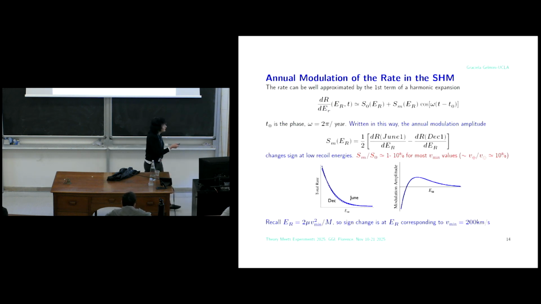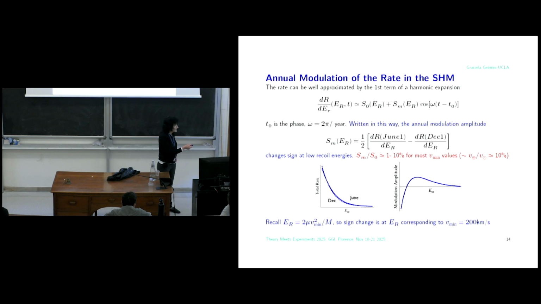Now, the annual modulation amplitude leads to also, well, you can make a harmonic expansion, and the first would be the one with a year period, which is the annual modulation of the rate.